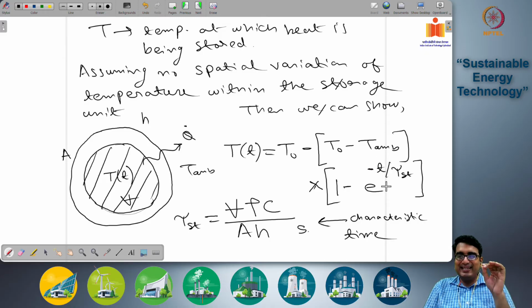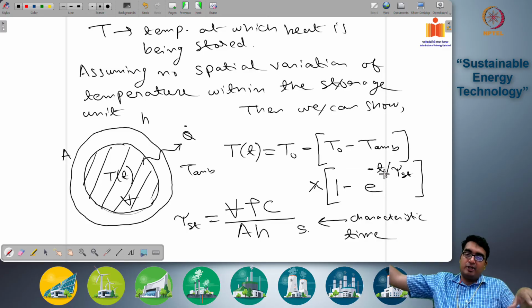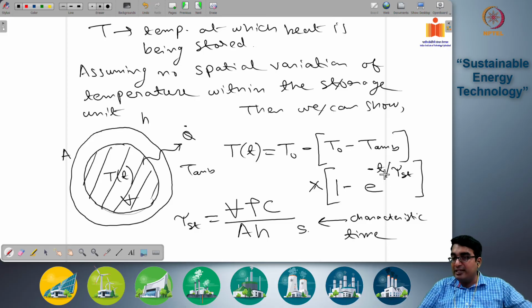Let's see if the ideas match here. At time t equal to 0, this expression becomes e to the power minus 0, which is 1. So 1 minus 1, this entire term drops out. So the temperature at t equal to 0 is the initial temperature T0, as we expect. Now as t tends to infinity, that is at extremely large times, of course all the heat would have dissipated.